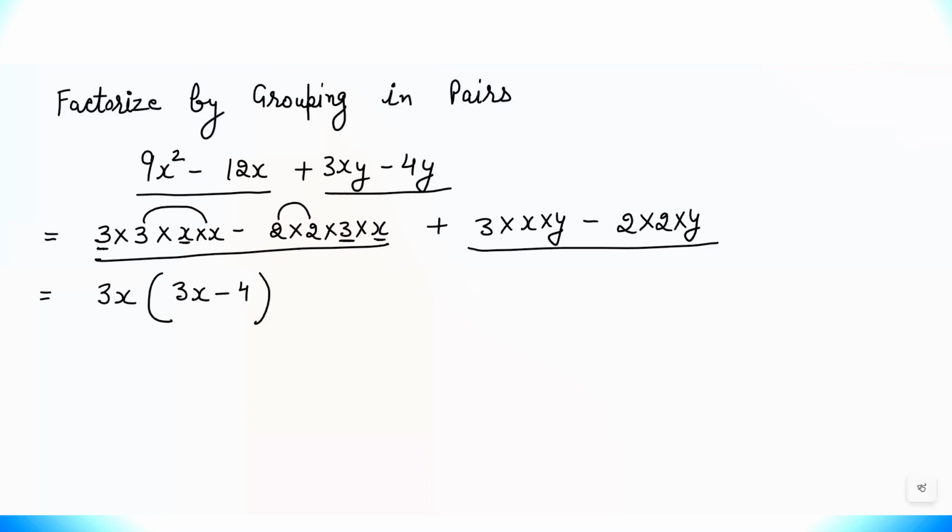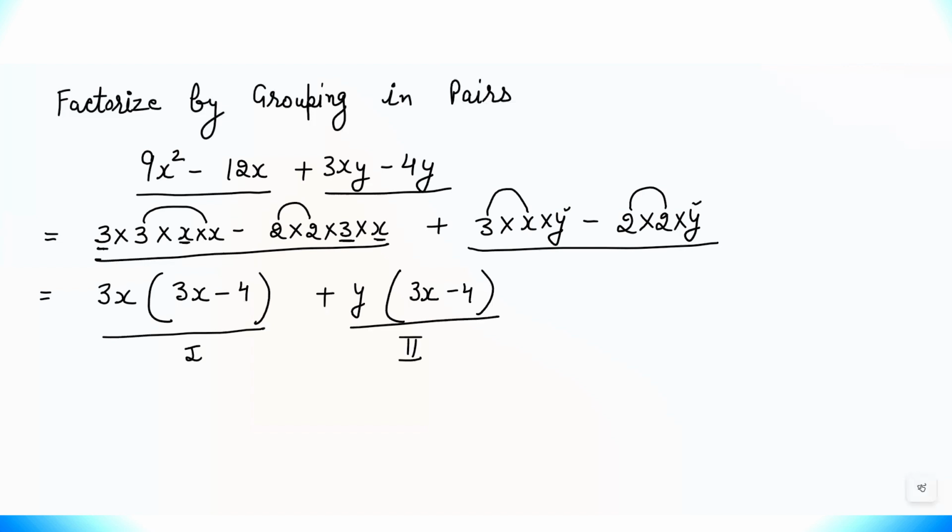Now from the second group, I will see what is common there. I can see only y is common. I will write y. What is left? 3x and minus 2 into 2, that means 4 is left. Now, this will be the first term and this will be the second term.